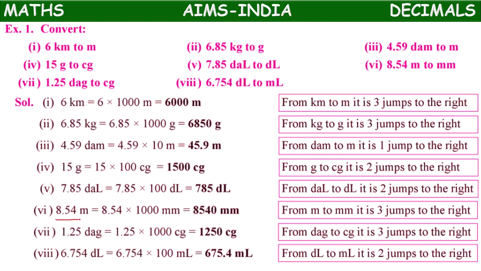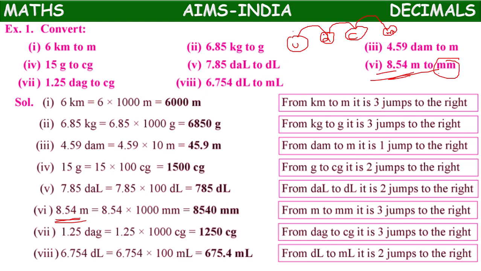Next, 8.54 meter to millimeter. So meter means its unit value. It will be in units place. Millimeter means smaller than unit. After unit, decimeter will come, after deci, centimeter will come, after centi, millimeter will come.